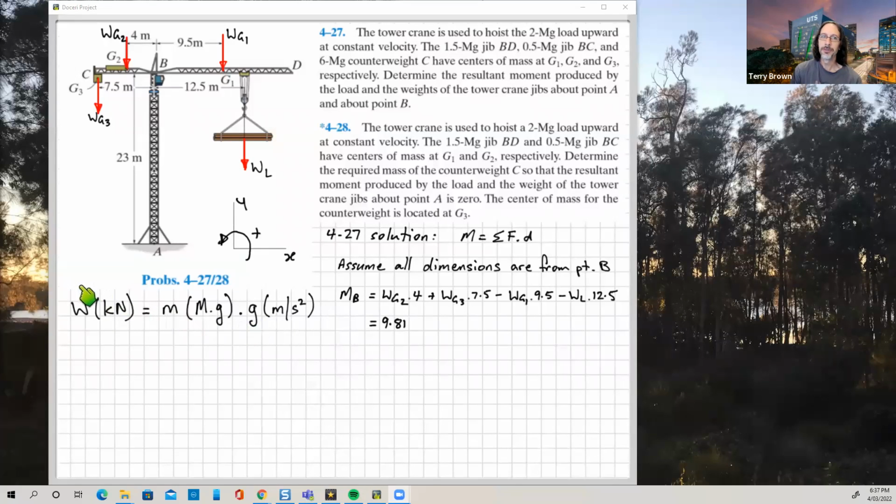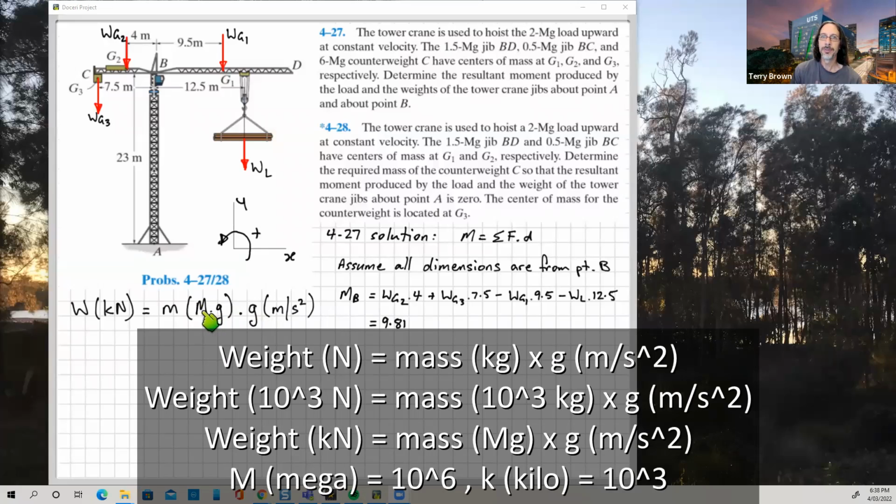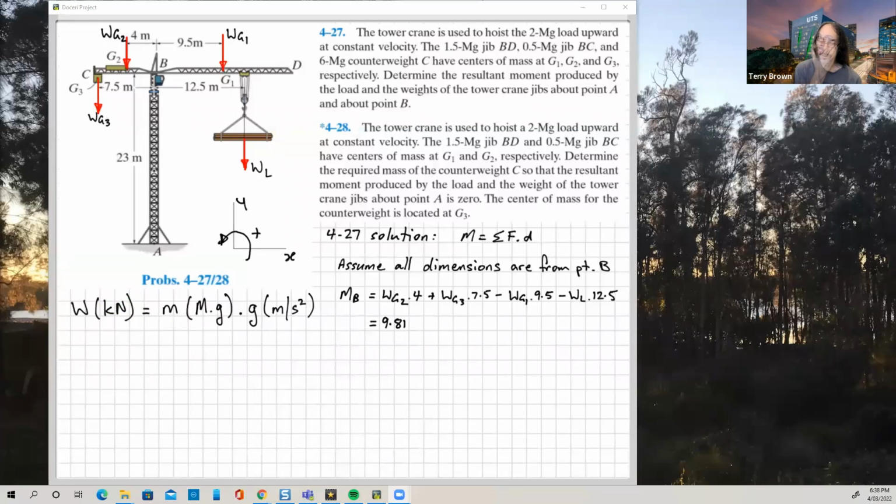So normally you're probably used to calculating the weight in newtons. So if we're calculating the weight in newtons, we have the mass in kilograms times gravity in meters per second squared. Yeah. So here I've just said, well, I know that megagrams is 10 to the 3 times kilograms, and 10 to the 3 newtons are kilonewtons. Okay, so I've just used that instead of going to newtons and then having to convert to kilonewtons at the end.